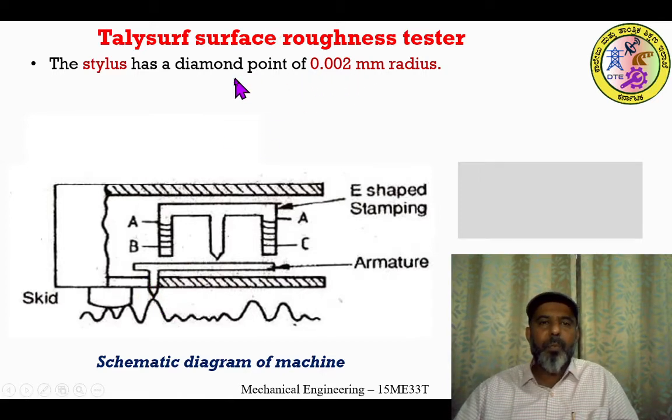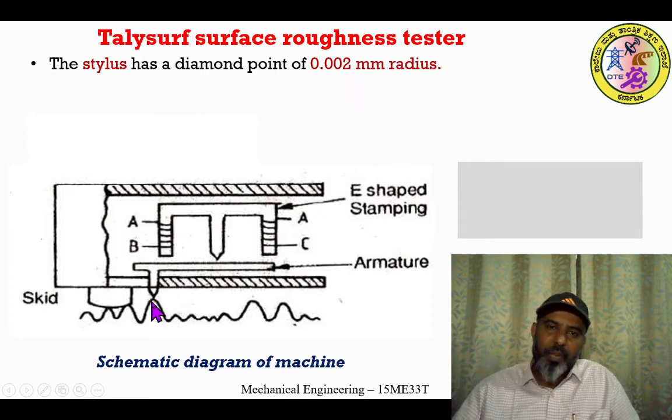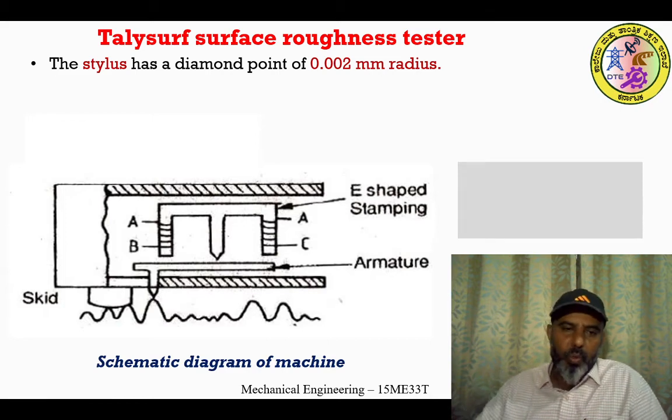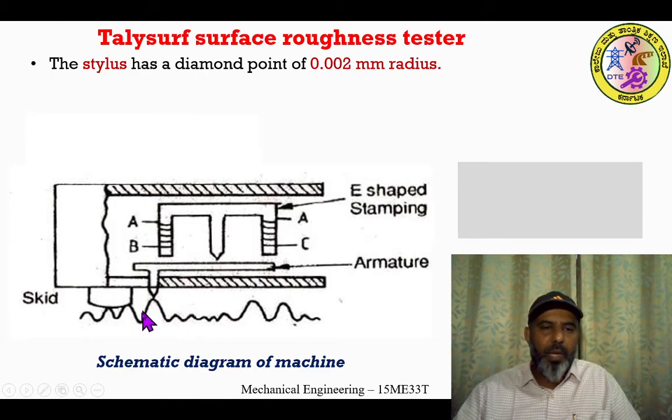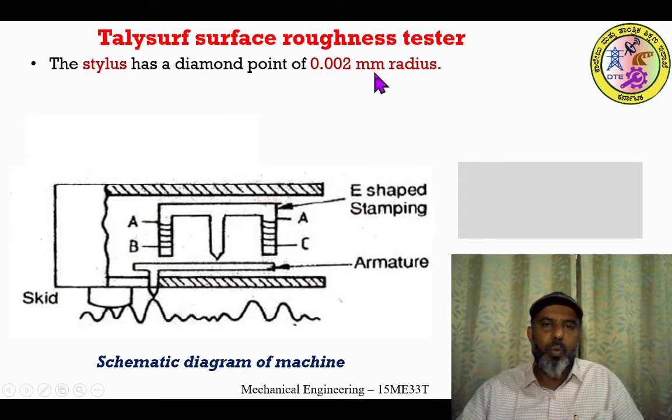The main reason for making the diamond point 0.002 mm is that if it is more than 0.002, because of the surface irregularities, when it is coming to the lowest depth, if the pointer radius is more than 0.002 mm, it may not enter into this depth. Because of that, the diamond point radius is maintained at 0.002 mm or 2 microns.